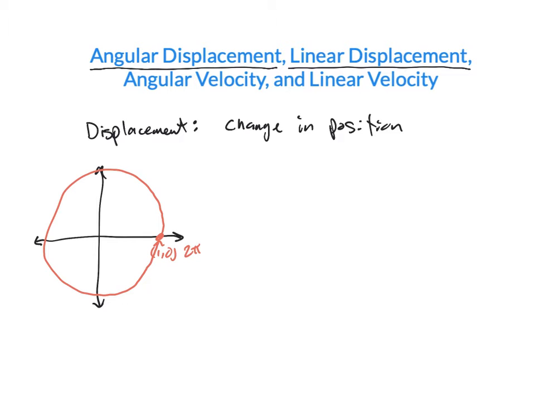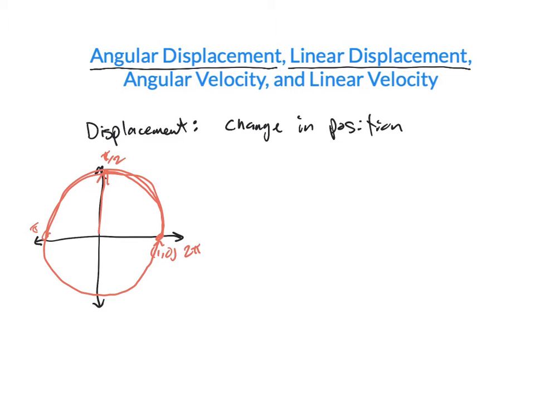If you only travel a quarter of a turn, that's pi over 2 radians. If you make it halfway around the circle, that's pi radians. Those are all examples of angular displacement, and it's based on how far you've traveled around the circle.